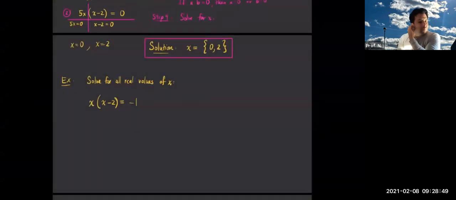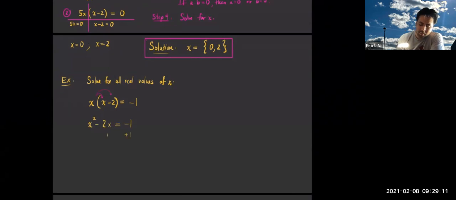What do we do here? Set it equal to 0. That's right. So I'm going to set it equal to 0. First, I need to distribute. Then I get x squared minus 2x equals -1.